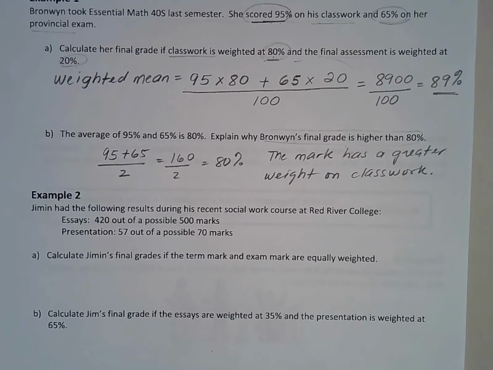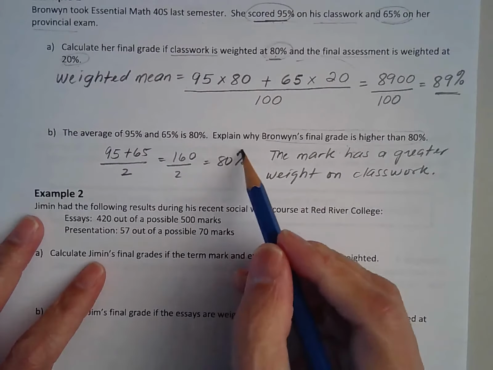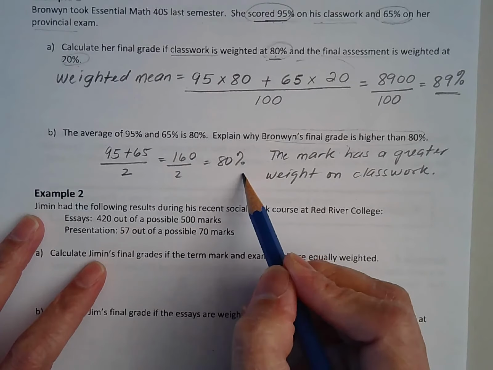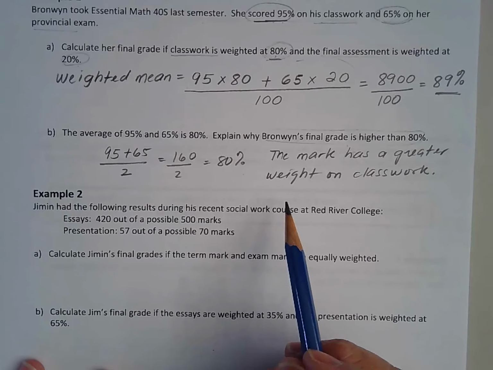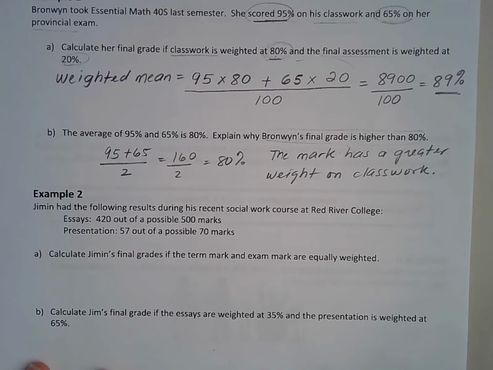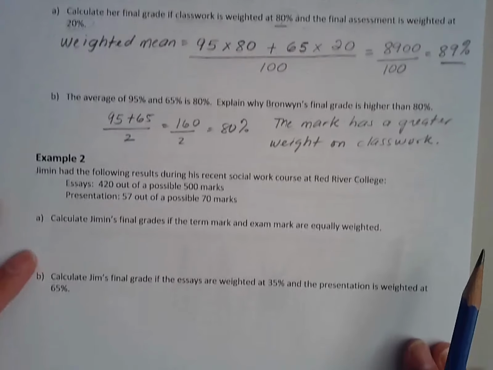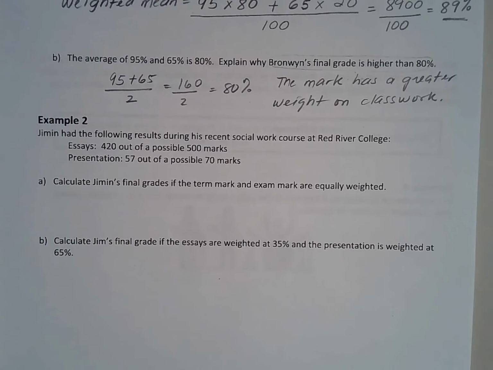So if we didn't consider the importance of classwork and the provincial exam, she would have received an 80%. But because the classwork is weighted differently, she got a higher mark. Okay. Is that good?